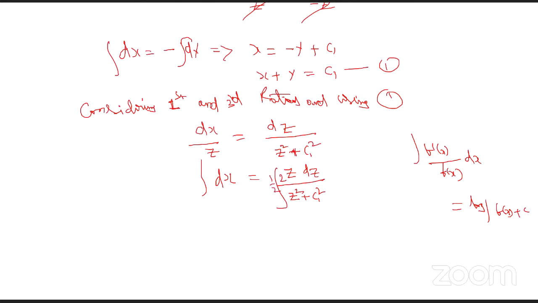That means x equals 1 by 2 log mod z square plus c1 square plus c2. C1 equals c2. Here equation number 2. So 1 and 2 are the solution. This can be written as the general solution, GS.